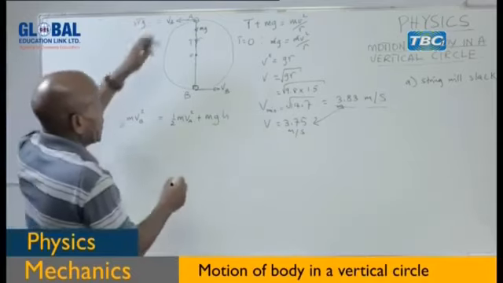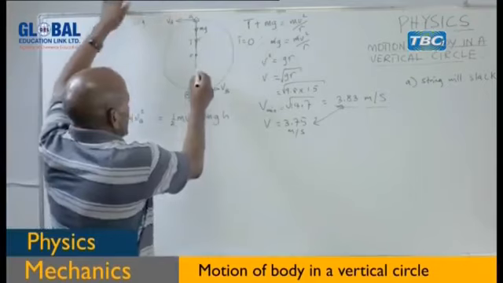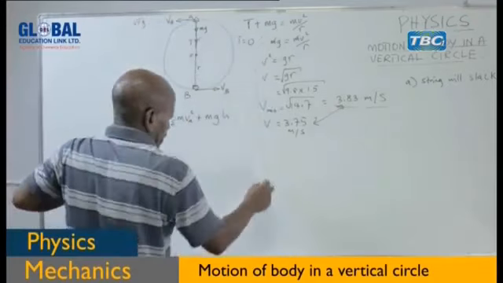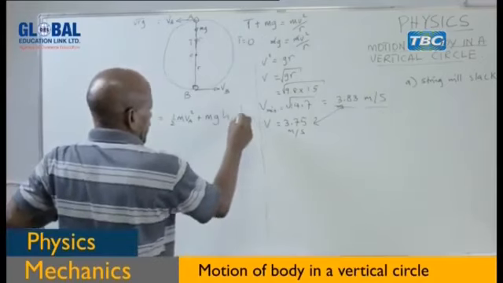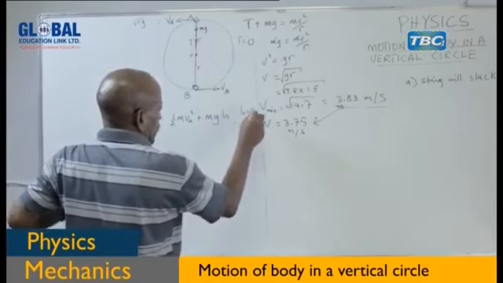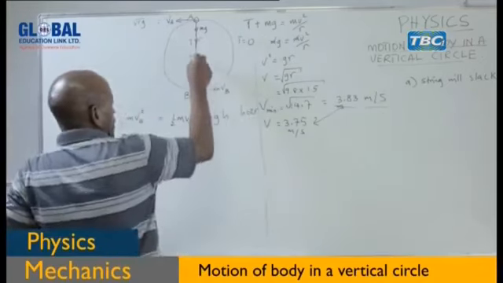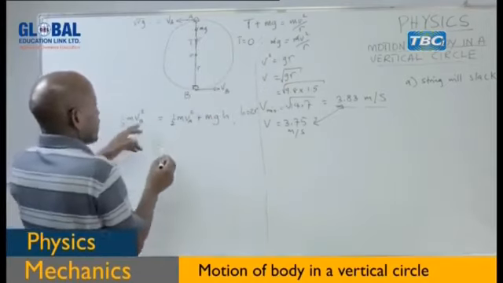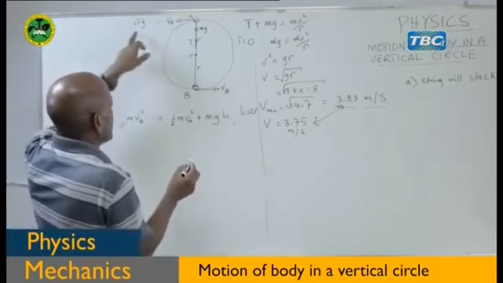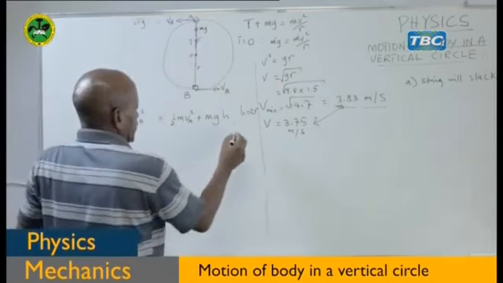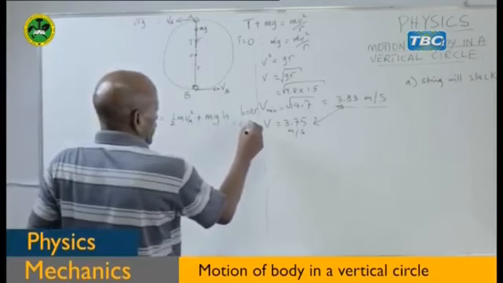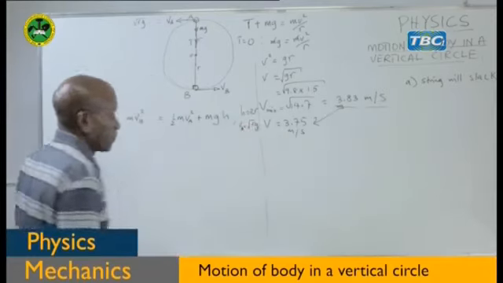But remember, the height at the top is equal to twice the radius, because this radius plus this radius is equal to 2r. And the velocity VA at the top is just equal to the square root of RG.